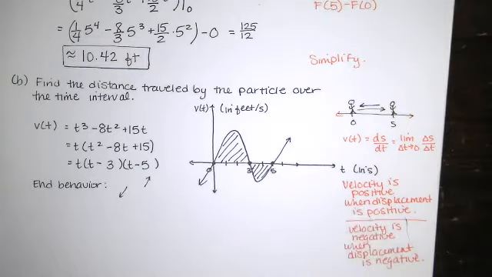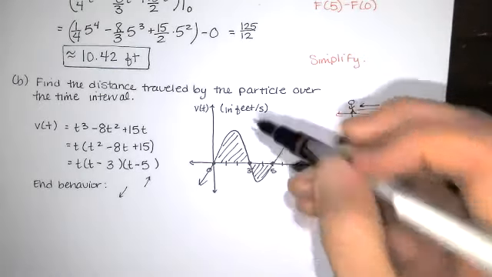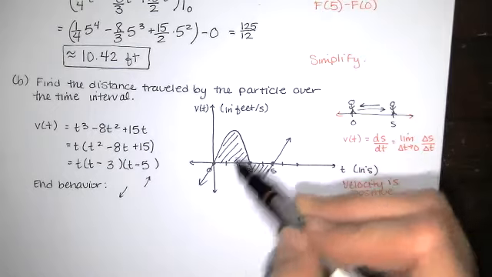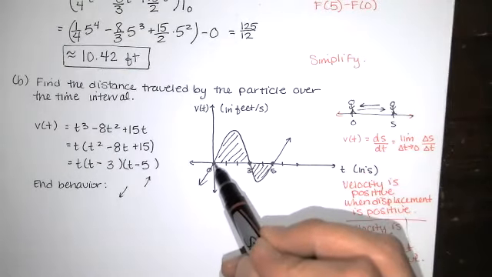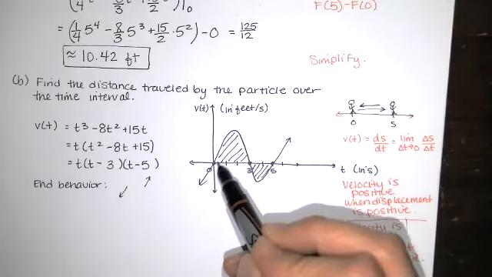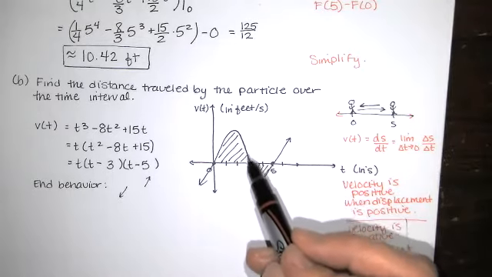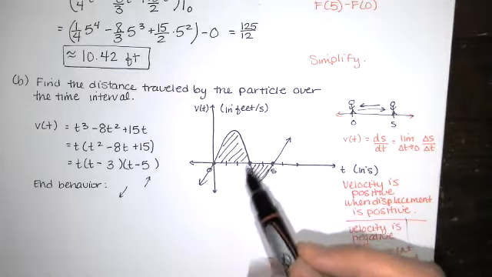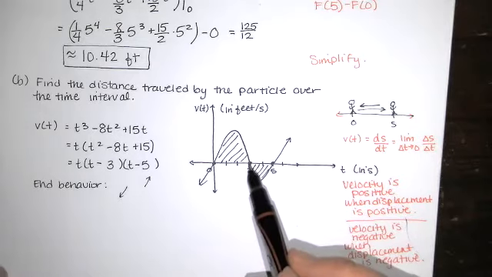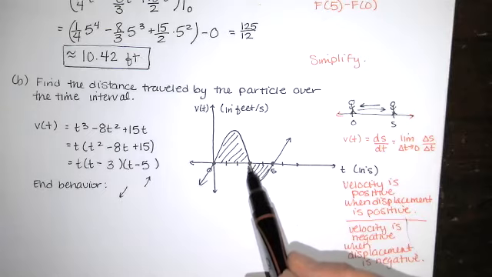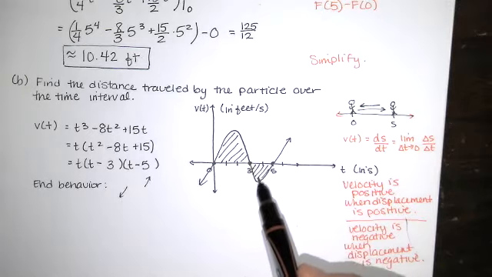You're continuing to go forward, but you're going in the forward direction slower and slower. So here what we have is we're at rest, then we're speeding up, we get to a maximum speed, and then we start slowing down, but we're still heading in that positive direction. Then right here, that's the moment when we say, pause for a second, and then we start heading in the negative direction.